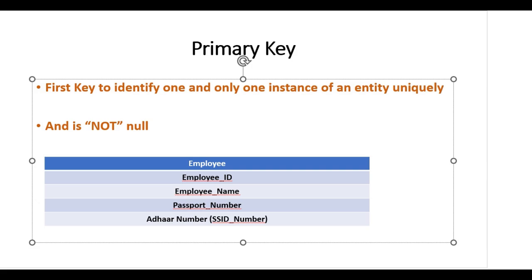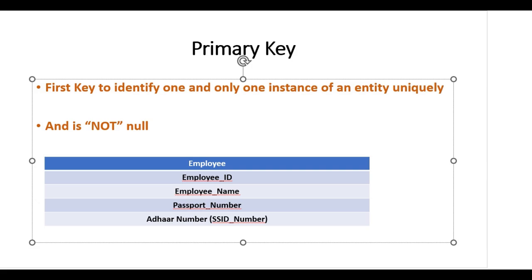Similarly, if I go with the SSID number, maybe there is an employee who is working in another country and is not a citizen of that country, so he won't have the SSID number with respect to that particular country. He won't provide that, so again it will be null.